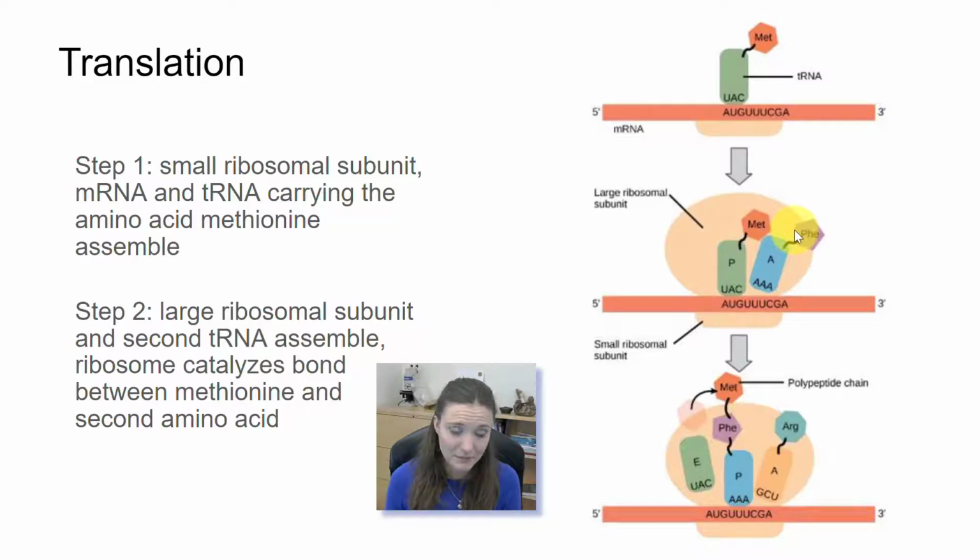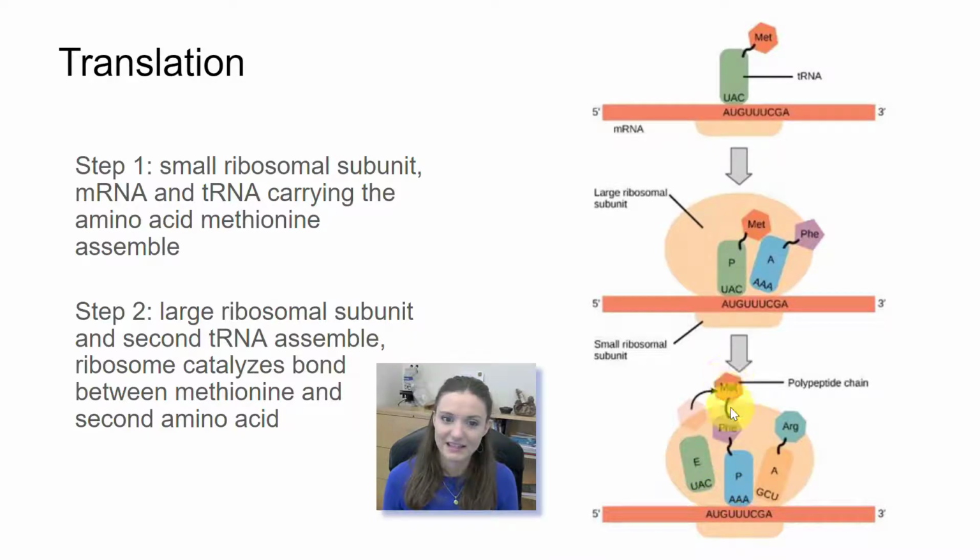We've catalyzed that peptide bond. Now we shift over by 3 bases. We expose our next codon, CGA. The anticodon that's complementary to that, GCU, comes in. It's now going to sit in the A site. Arginine is what's being carried by this tRNA.